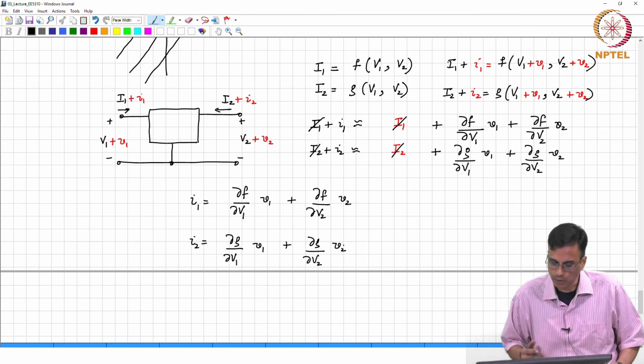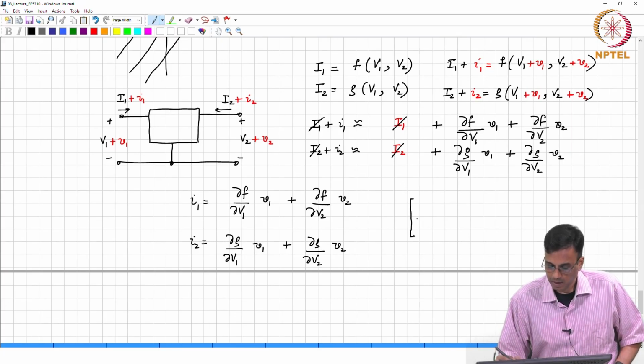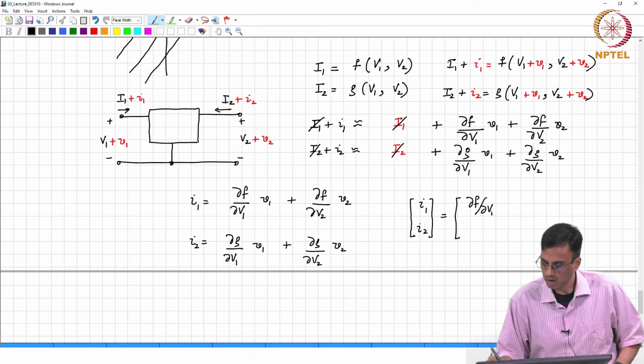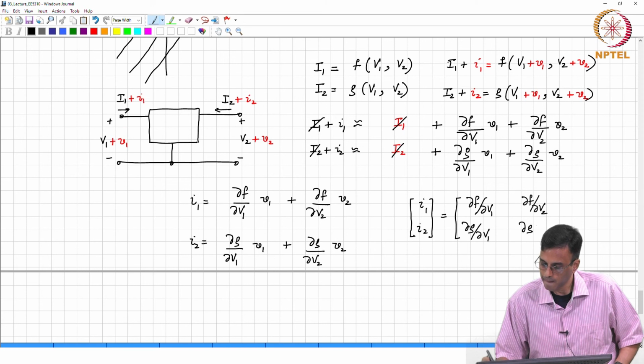Okay. So, in other words, we can write the incremental changes in the currents in matrix form.